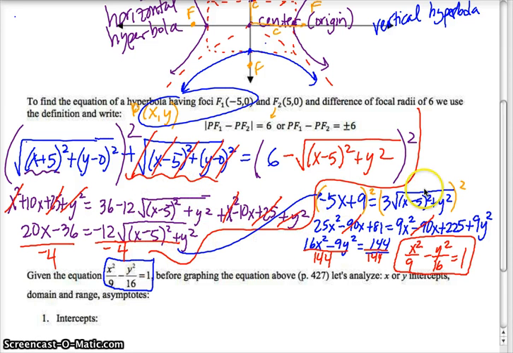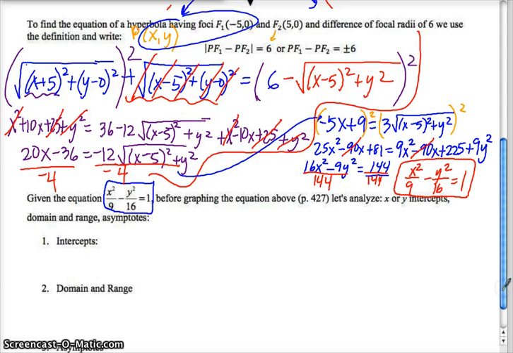You once again square both sides to get this, and then you divide everything by 144, and you see that x squared divided by 9 minus y squared divided by 16 equals 1. So it looks very similar to the equation of an ellipse, except you have a minus sign in here instead of a plus sign. So if you didn't figure out that distance formula, you can follow mine here. I started going down this direction, popped up, continued in blue.